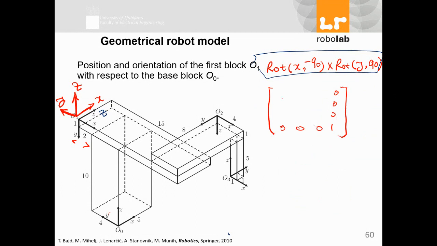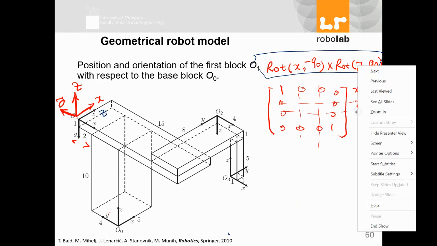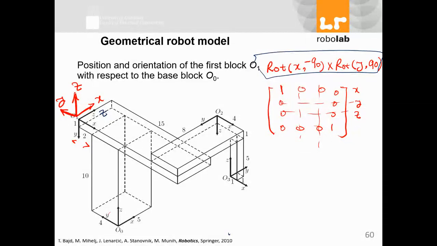What is the rotation here? It's around X, so I have X here, and 0, 0 here, and 0, 0 here. The only 2 components I need to consider are X and Y. If you remember, it was X, Y, Z, 0 between this system and the other system.